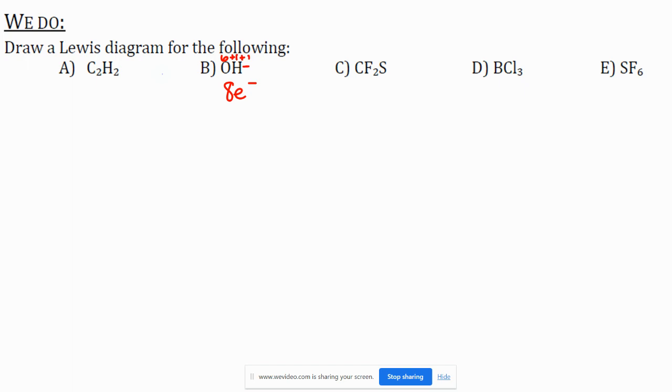When you draw this, you should draw it in square brackets, and you're going to indicate that extra electron as a charge outside. So your drawing should be within these square brackets. I'll give you a minute or two to draw those, and then I'll start throwing a few answers up on the board, and you can check your work.